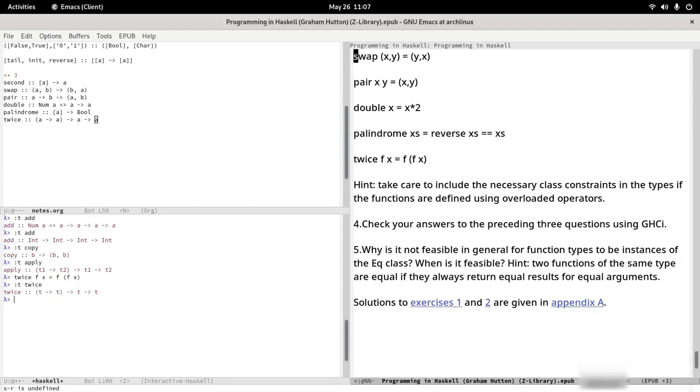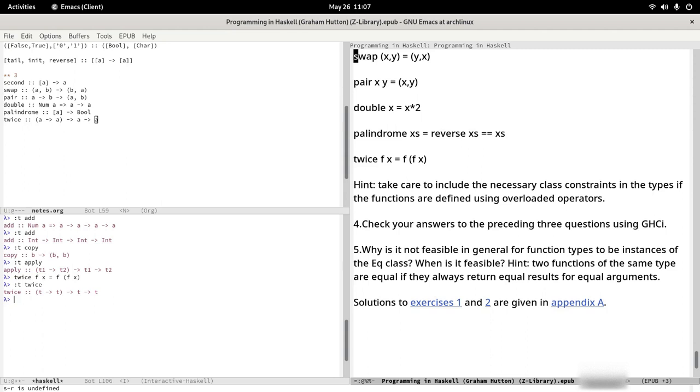Alright, exercise 5. Why is it not feasible in general for function types to be instances of the Eq class? When is it feasible? Hint: two functions of the same type are equal if they always return equal results for equal arguments. I think the reason is that types might be infinite.